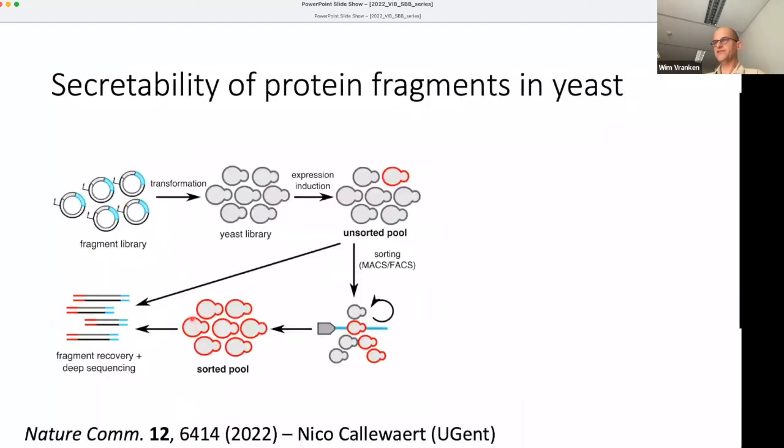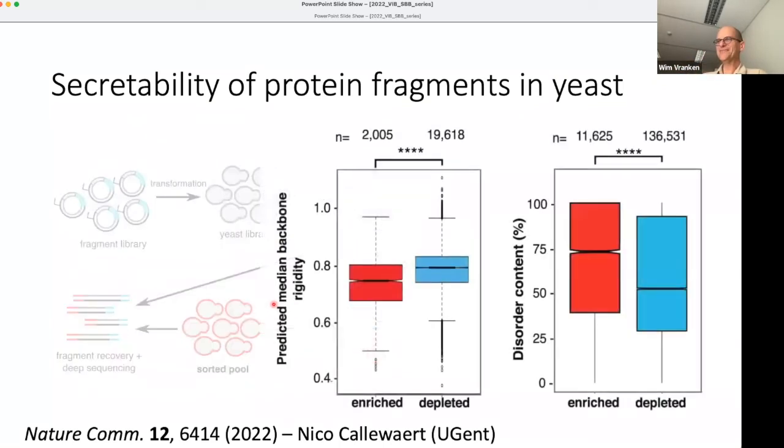Another paper that Shoshana also mentioned was the secretability of protein fragments in yeast, where basically they made random fragments of proteins, expressed them in yeast libraries, and then saw whether those were secreted or not by the yeast. Experimentally, I'm not going to get into the details, but what we observed again is that the enriched fragments are those that were secreted by the yeast, and the depleted are fragments that were not secreted.